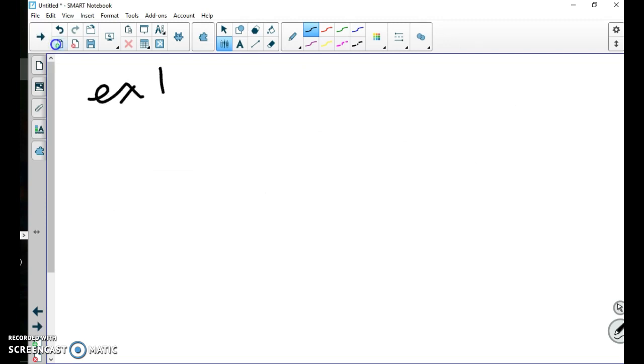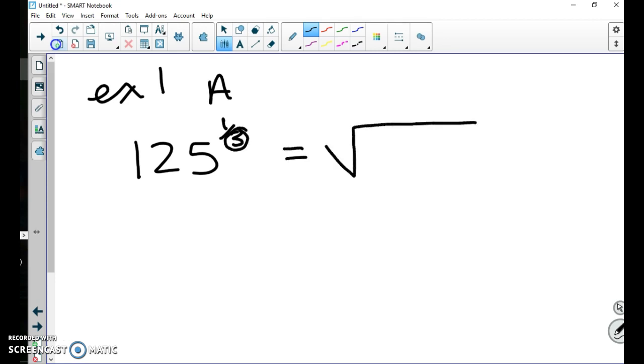Example 1, part A. It says 125. We are in rational root form. 125 to the 1/3 power. Well, going back to the previous slide, we know that that 3 indicates our index. That 3 is telling us the number of multiplicands we want to have in order to give us the product 125.